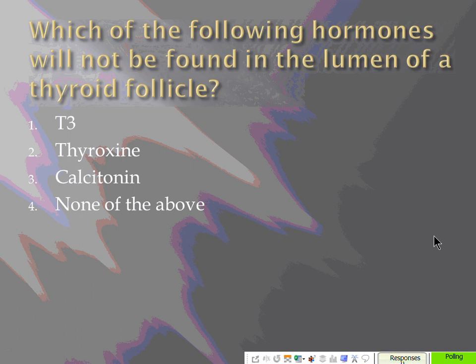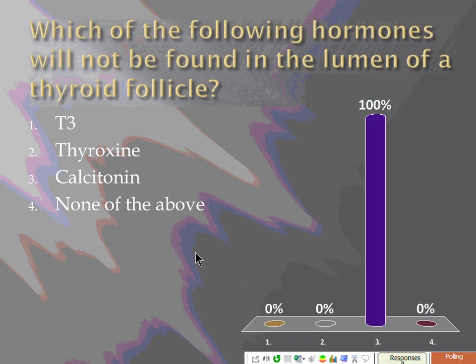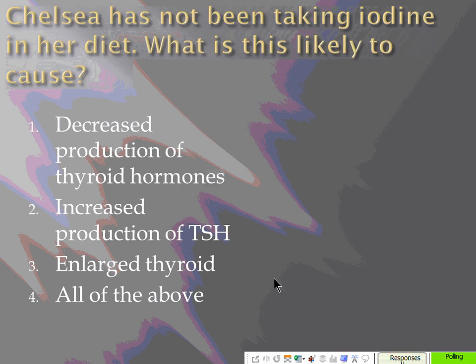So let's just do a little review on the thyroid. Which is not going to be found in the lumen of the thyroid follicle? Calcitonin, yes, very good. Okay, let's see. Chelsea has not been taking iodine in her diet.